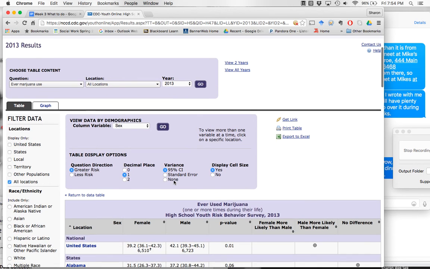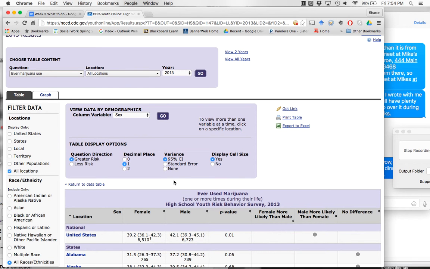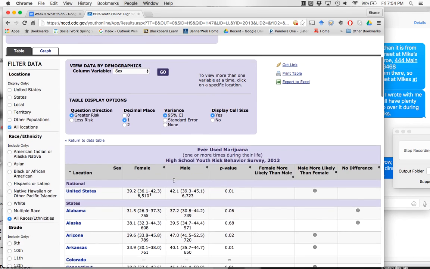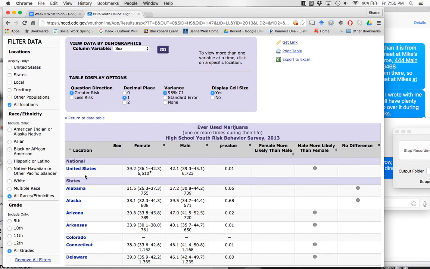The cell size is how many people are populating that cell. So let's look here. This is for ever used marijuana in the United States. All the females in this survey from grades 9 through 12 of all races are represented here.